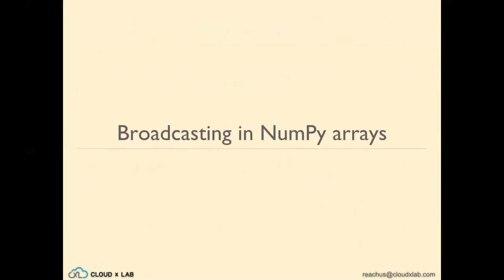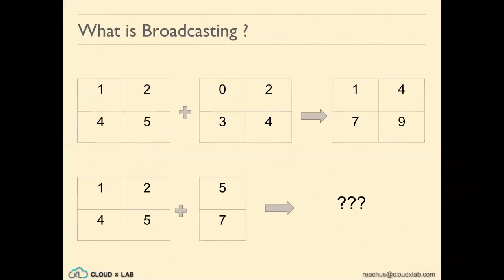Now, this one is clear that when we add two arrays like 1, 2, 4, 5, this is one two-dimensional array, this is another two-dimensional array, and we are adding these. So 1 is getting added to 0, 2 is getting added to 4, 4 is getting added to 3, 5 is getting added to 4.